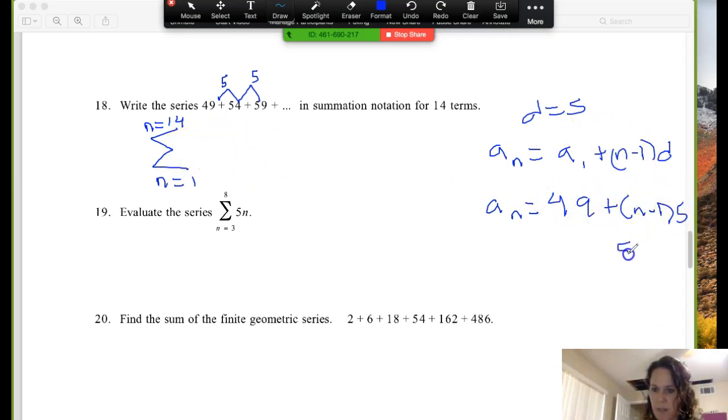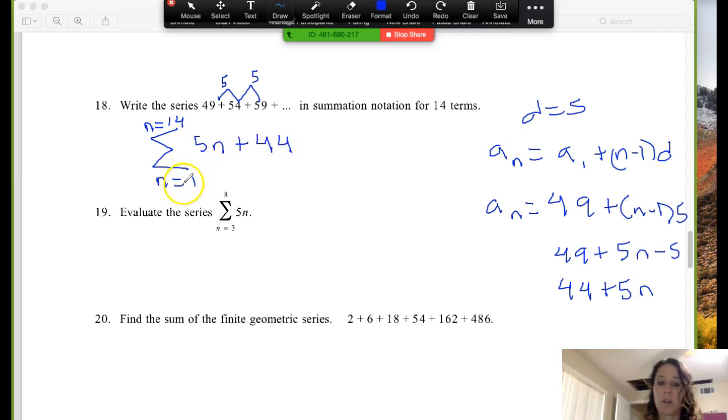5 times n is 5n. 5 times negative 1 is negative 5. So I'm going to have 49 minus 5, that's 44, plus 5n. So make it look nice and have the explicit formula be 5n plus 44 or 44 plus 5n.